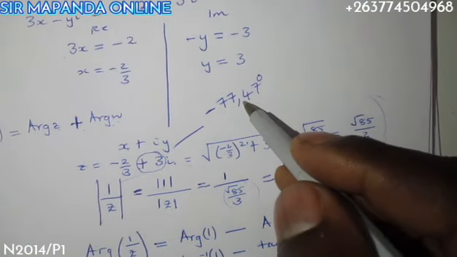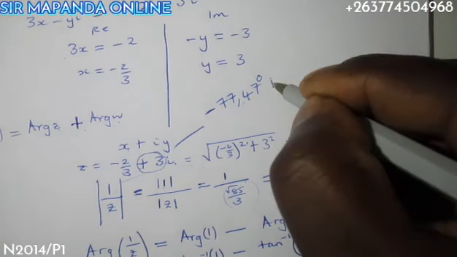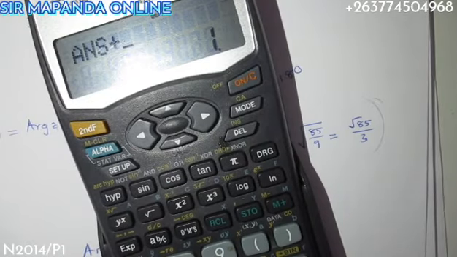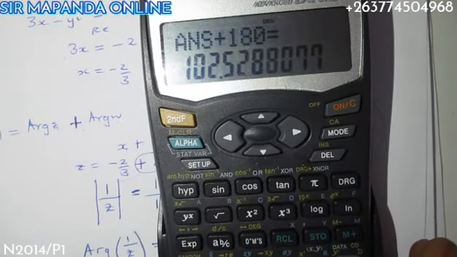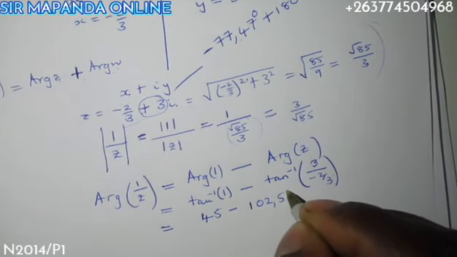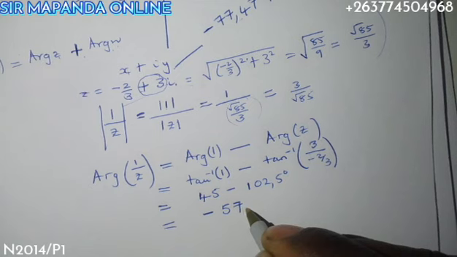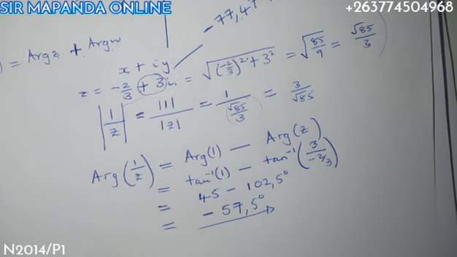This one represents a principal value, but not the final argument of z, so you need to adjust it by adding 180 so that the angle becomes positive. You get 102.5. So I'm going to subtract 102.5 degrees from 45. What do you get? Negative 57.5 degrees. This is the argument of 1 over z. Then you are home and dry.